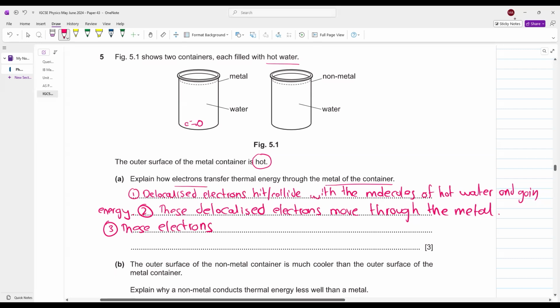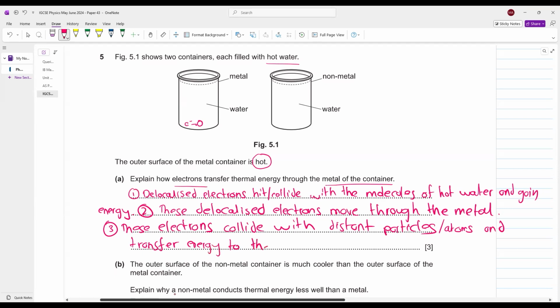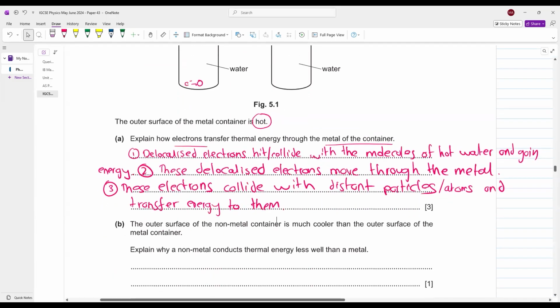These delocalized electrons hit with distant molecules, atoms, particles, whatever you want to say, and transfer energy to them. Let's further move ahead.